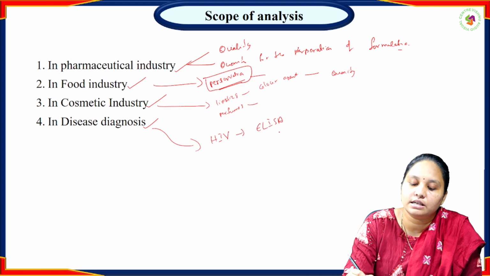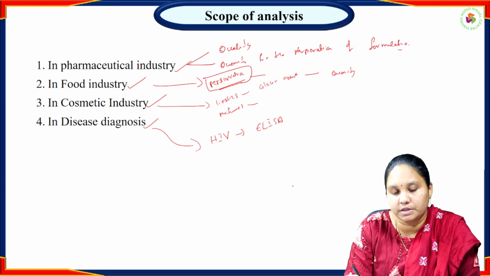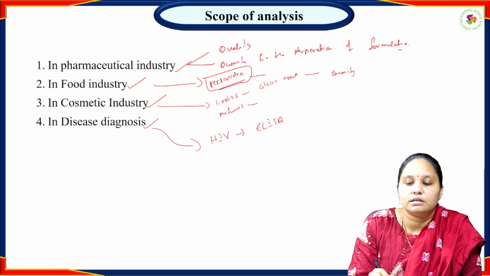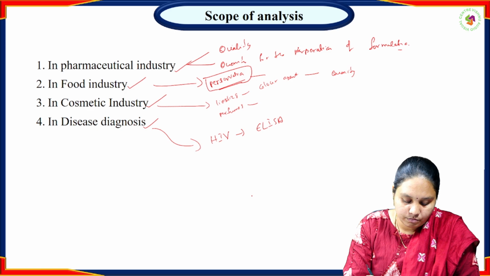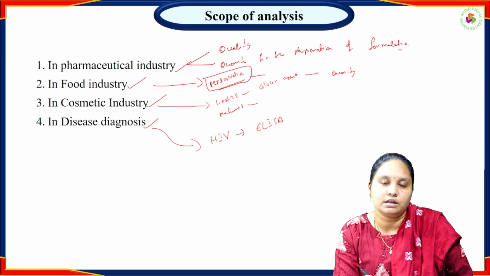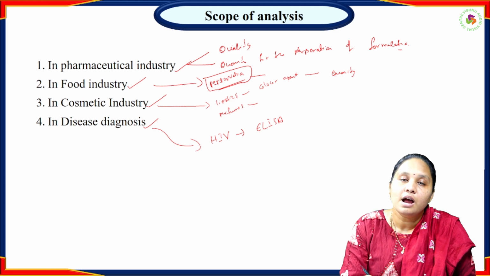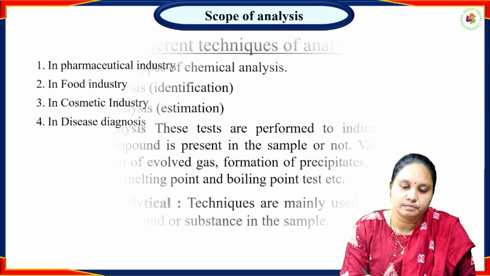This ELISA technique comes under the analysis subject. So these are the scope points, the scope for the pharmaceutical analysis subject in the food industry, cosmetic industry, pharmaceutical industry, and disease diagnosis conditions.